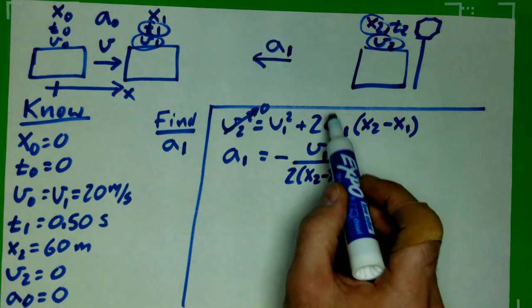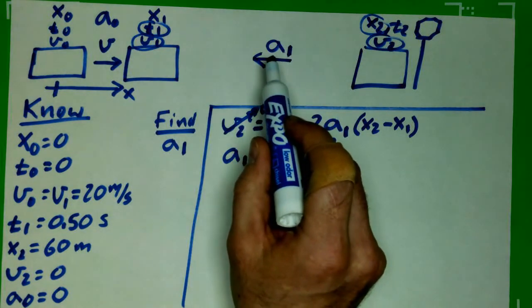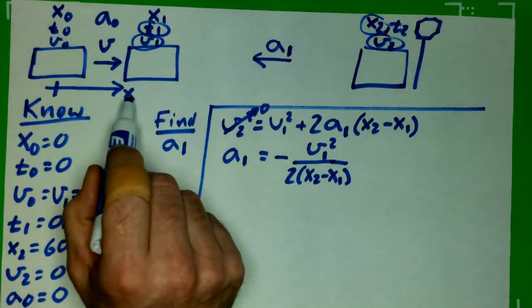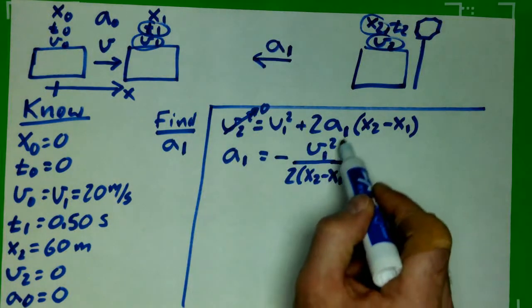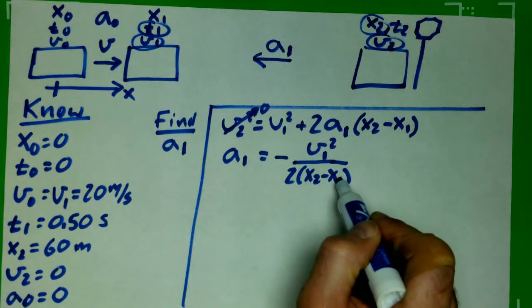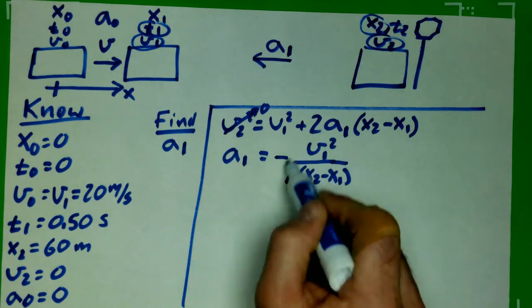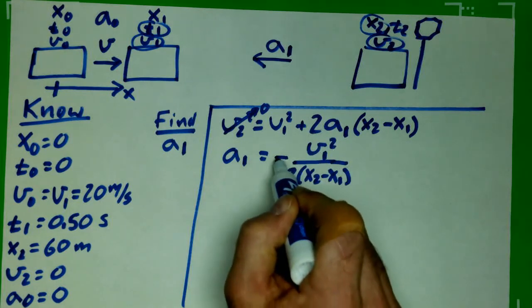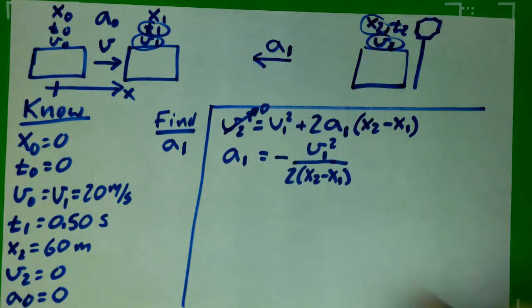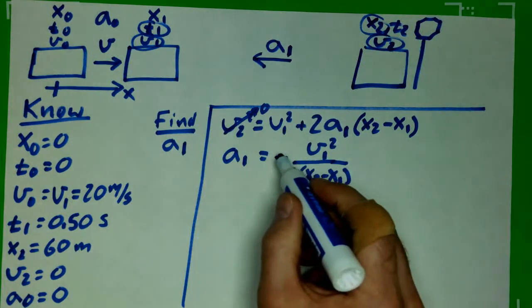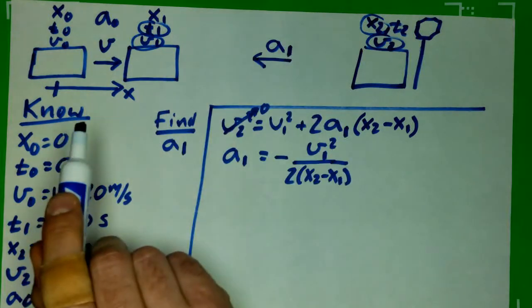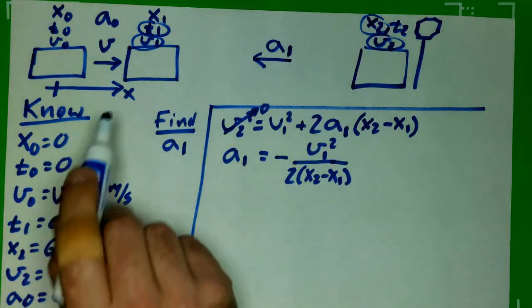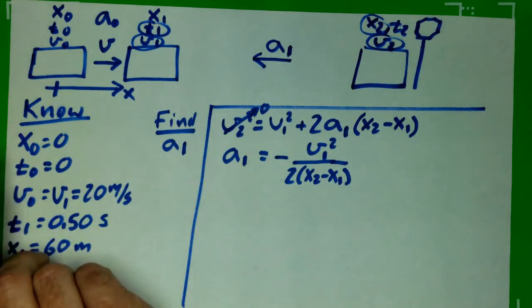I know that this is decelerating, and having chosen a coordinate system that's positive to the right, I should have gotten a negative sign for this. This is a positive value. X2 is larger than X1, so that's positive. So all of this is positive. That minus sign came from the algebra, and it correctly indicates that this is a negative acceleration. It's deceleration because my velocities are also to the right.